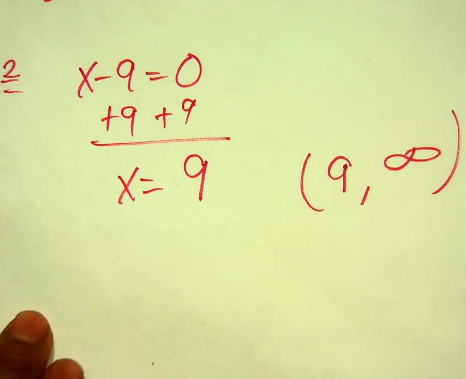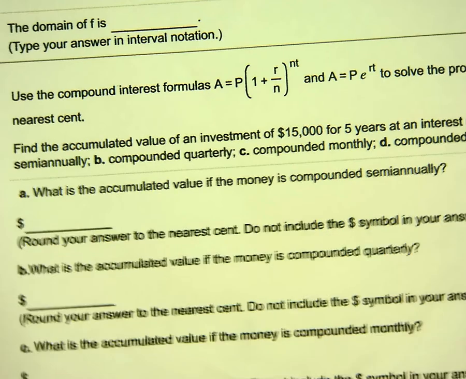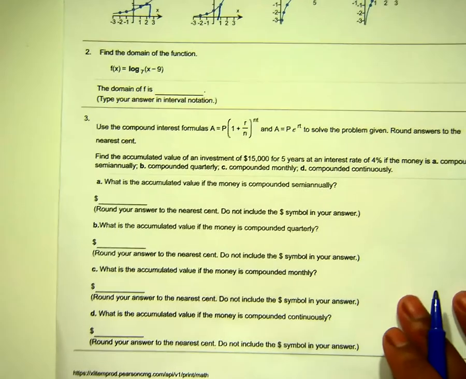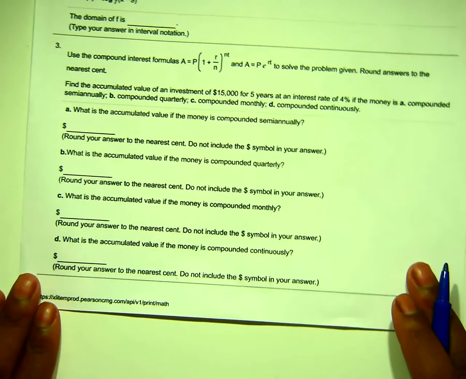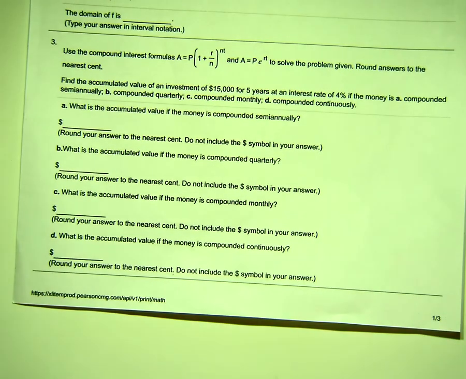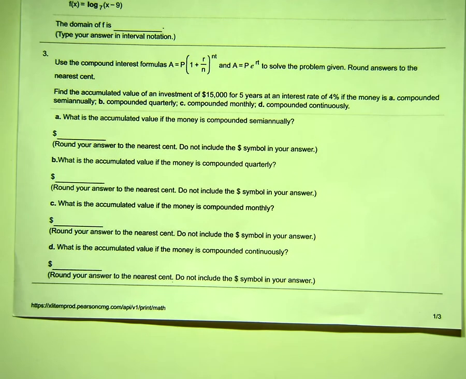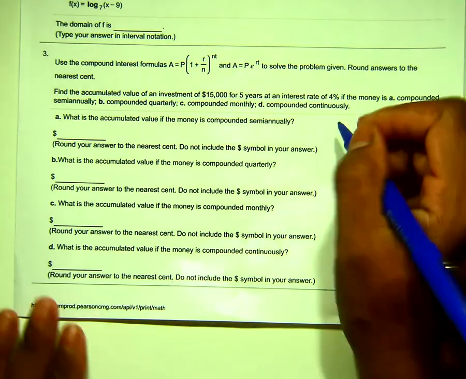Your next one is dealing with the compound interest formula. So, briefly, take a moment to actually read the problem. Because you have to understand what is what. So when it is semi-annually, we know that n is 2.